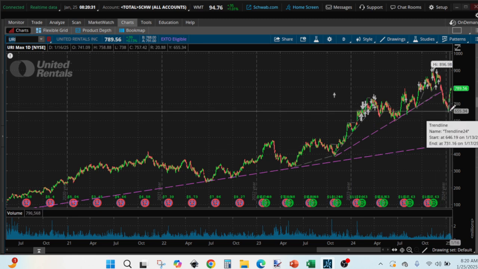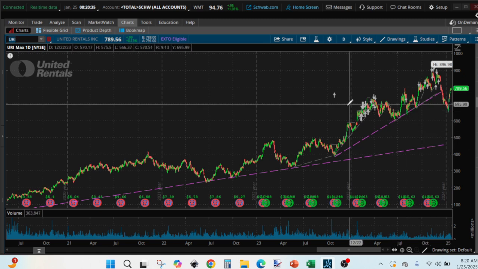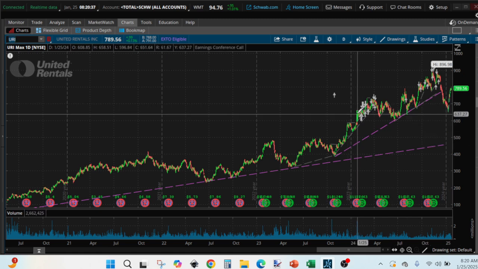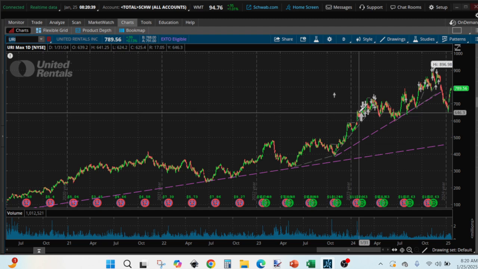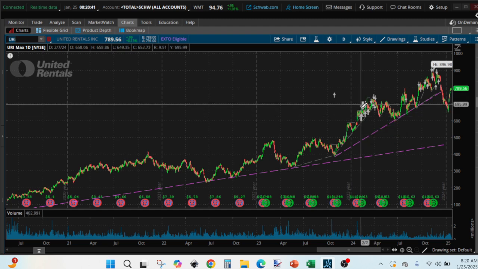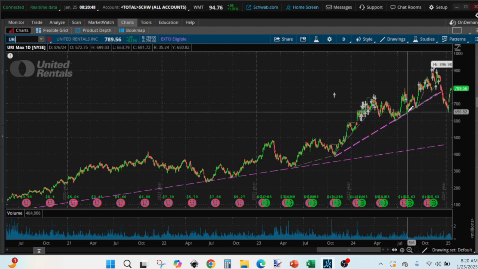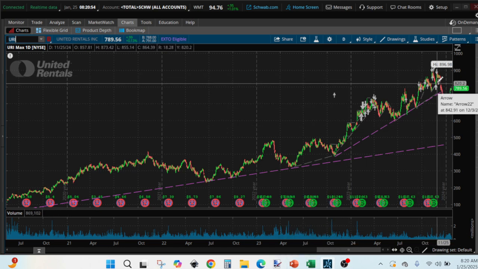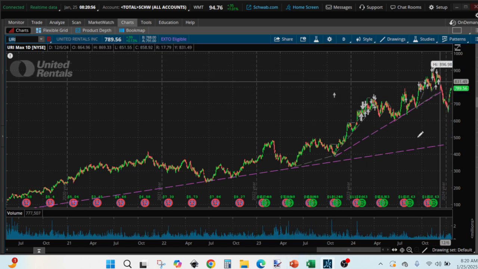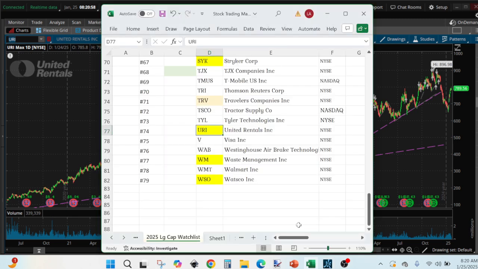It rested at a previous support line, which coincided with a previous peak of a mountain, or a resistance line that became a support line a couple of times, and it continues going up from there. So if it passes where we bought it, we'll be able to sell it for a profit. So the next one is V.